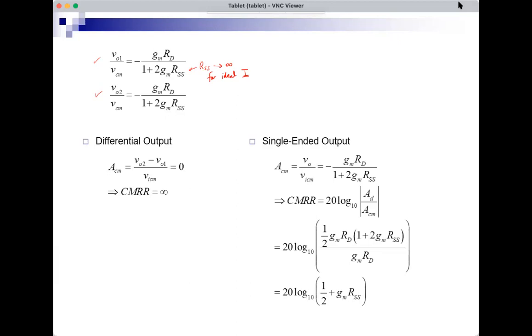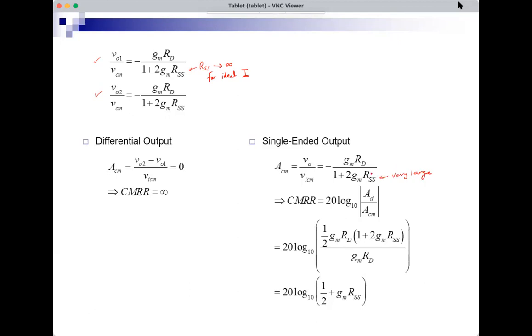And we can calculate the CMRR, which is 20 log base 10 of AD over ACM. That's not really bad news, because usually RSS is very large, or I can make it very large.